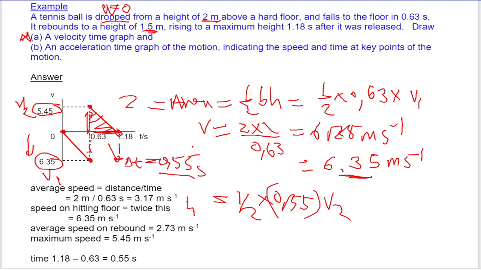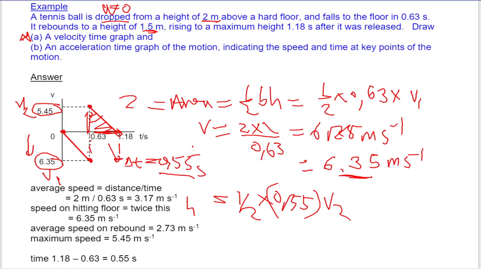It's supposed to be 1.5 meters, which is equal to half times 0.55 times V2, so V2 will be equal to 1.5 times 2 over 0.55, which should give you 5.45 meters per second. So you get that. Okay, so that's the velocity time graph.